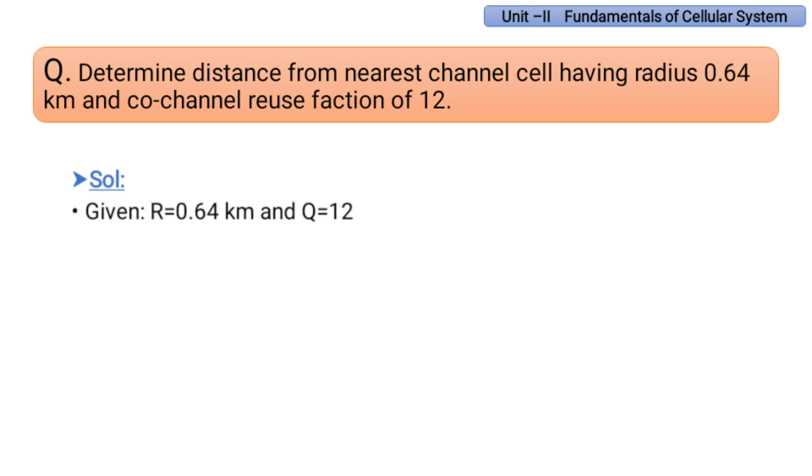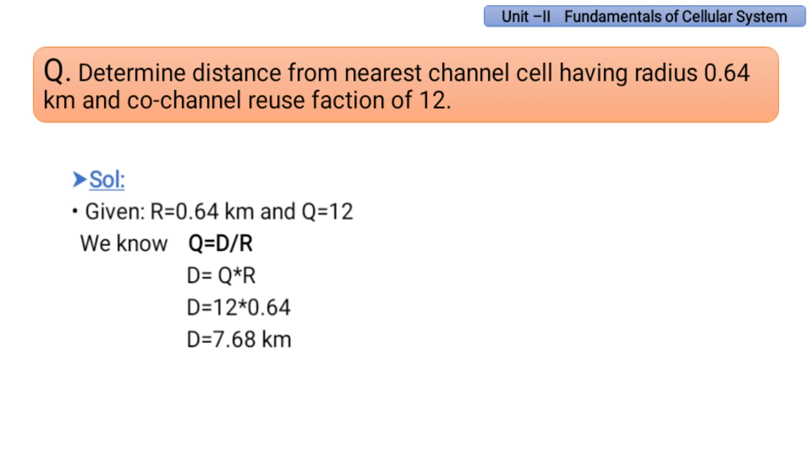We know the formula of Q: Q is equal to D by R. So D is equal to Q into R. Q is equal to 12 and R is equal to 0.64. So D is equal to 7.68 kilometer.